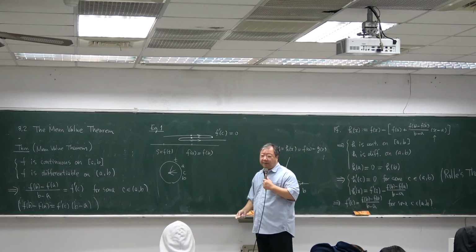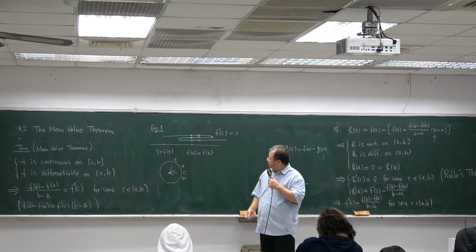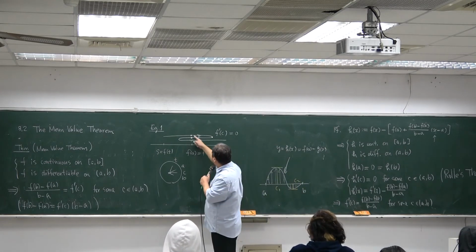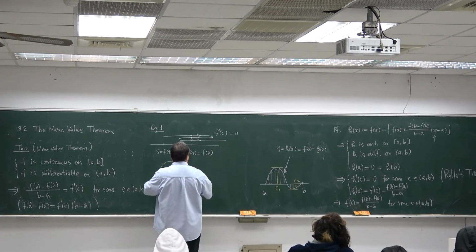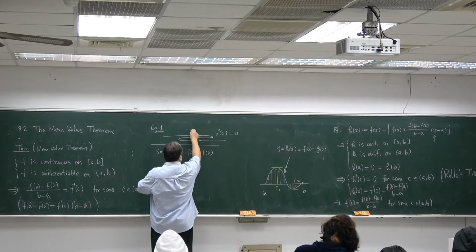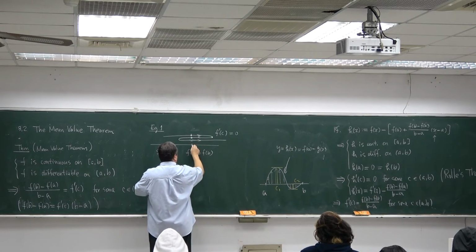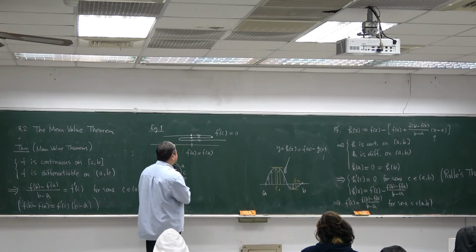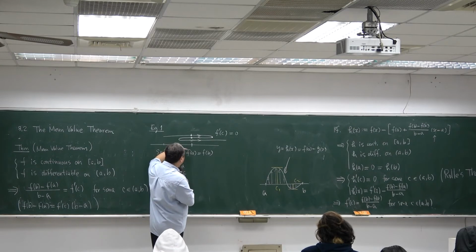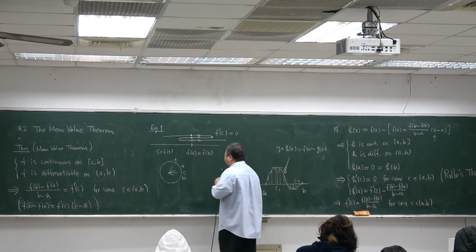Okay, this is Rolle's theorem. So there's some time c between a and b. At a, maybe this is f of a, and this is f of b. Of course, this particle is moving on this line. For clarity, I draw it not above the straight line.